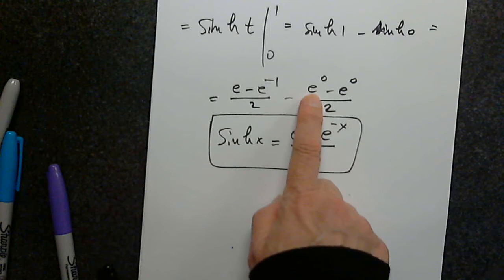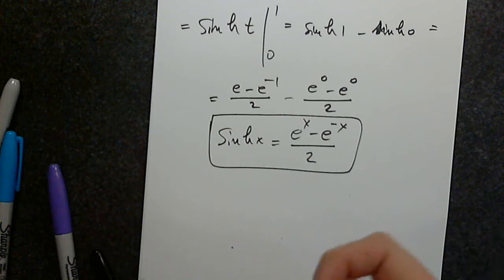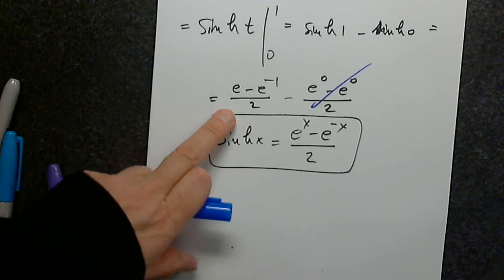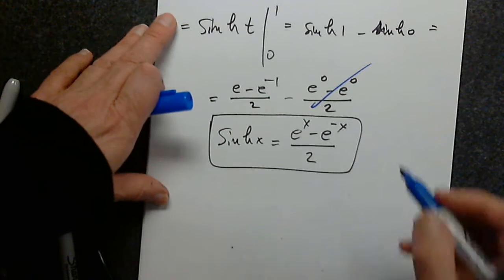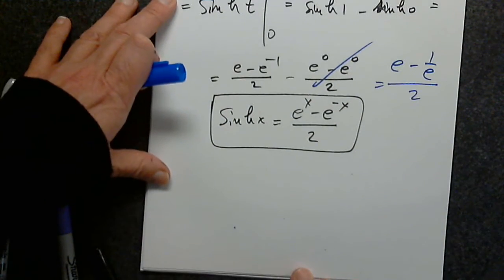But how much is e to 0? 1. How much is 1 minus 1? 0. So this is gone. So what is left is e minus 1 over e, everything divided by 2.